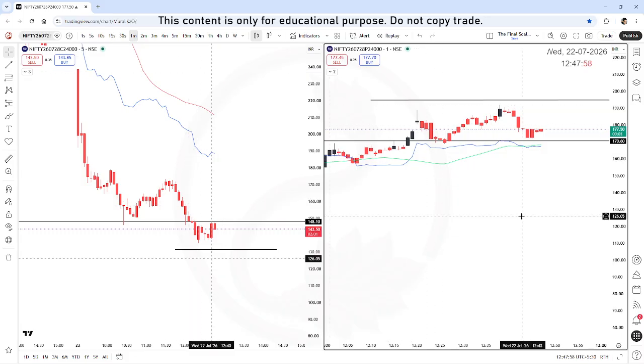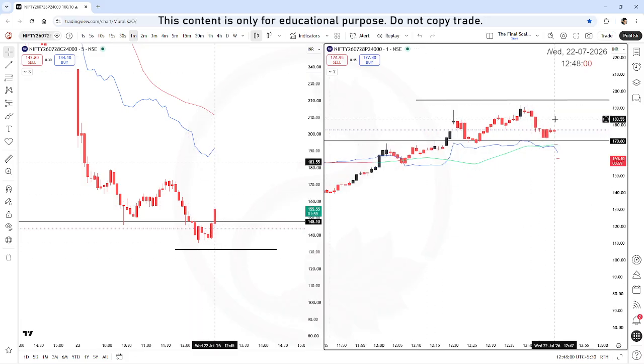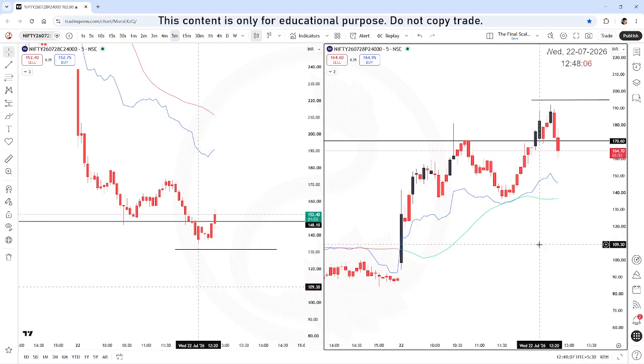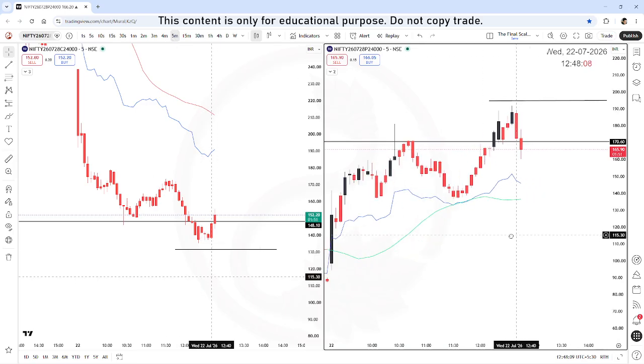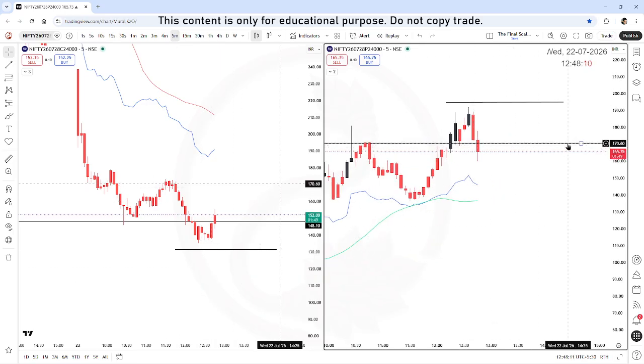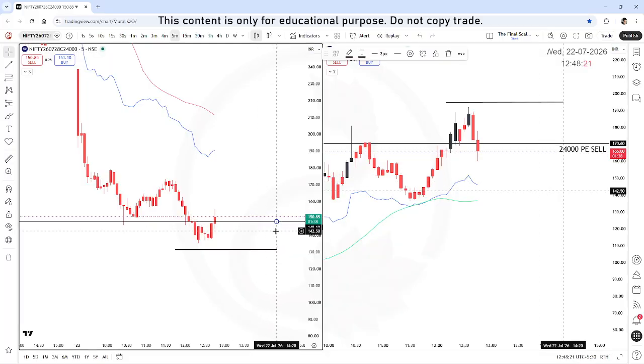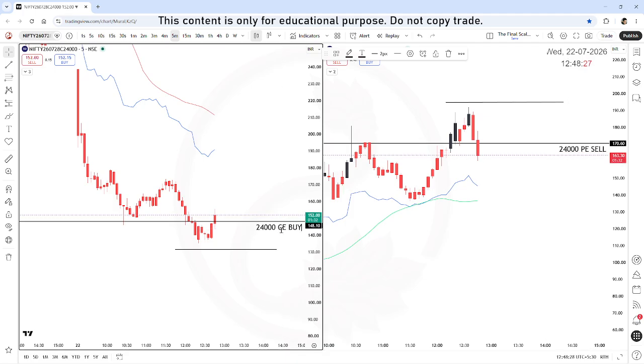Now if I take you to the 1 minute chart, on a 1 minute chart, this trade has already been executed. And also on a 5 minute chart, as you can see, the trade has been executed. I'll just add a text here, 24,000 PE sell, and this is our 24,000 CE buy, right?